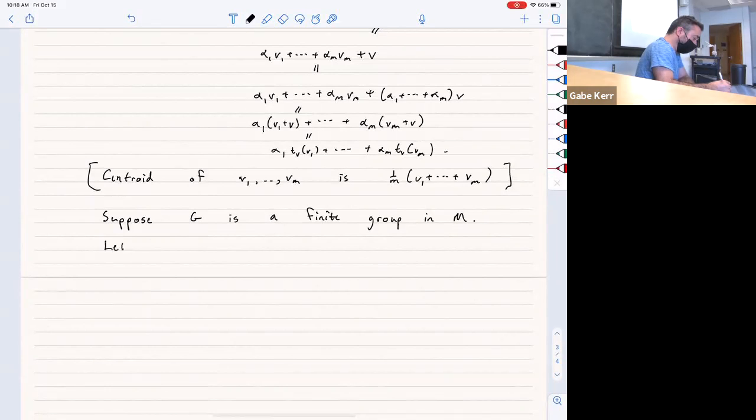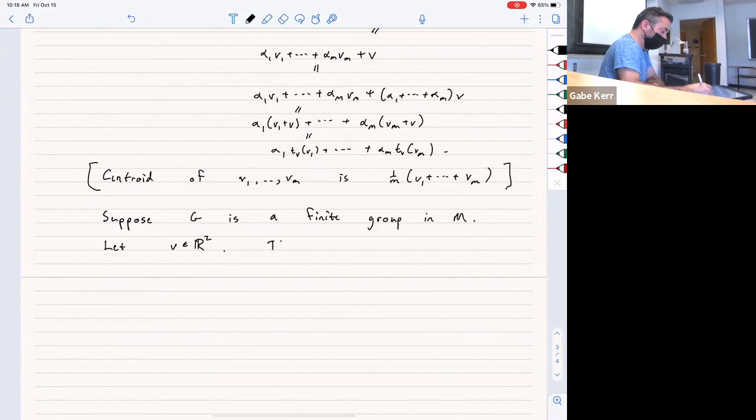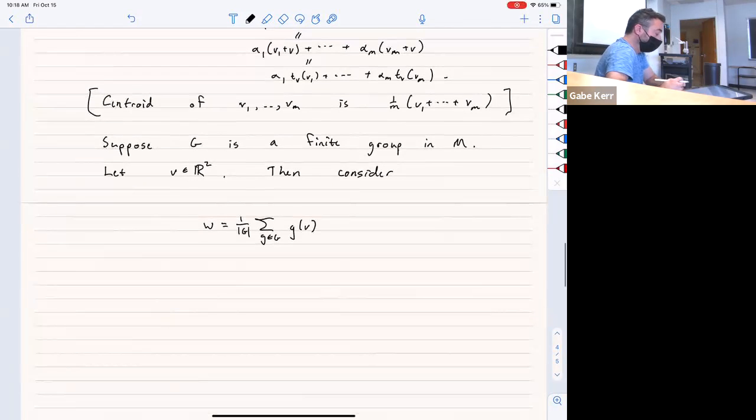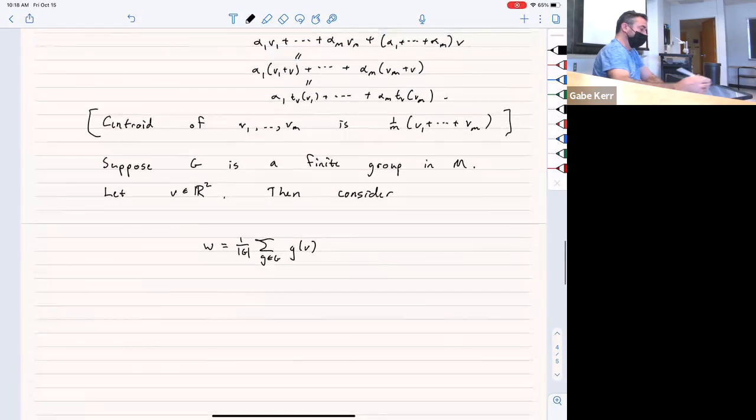Let B be any element of R2. Then consider the following element, let's call it W, equaling 1 over the order of G times the sum over g in G of g times B. I mentioned centroids a second ago, but this is the centroid of all of these elements gB, because I've got |G| elements.